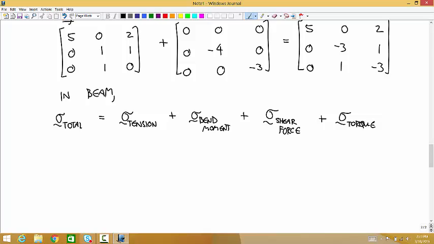And we're going to have formulas, ways of calculating each one of these four things. And so we're going to calculate those independently and then add them all up at the end.